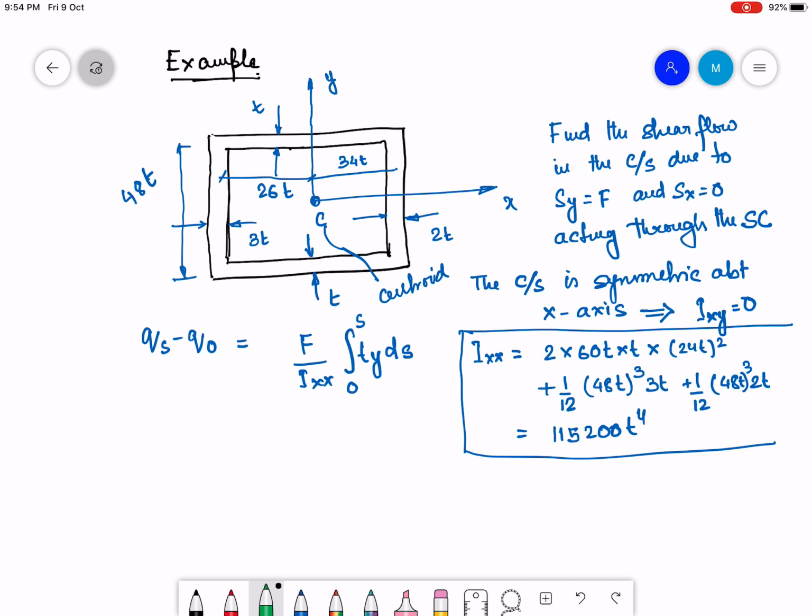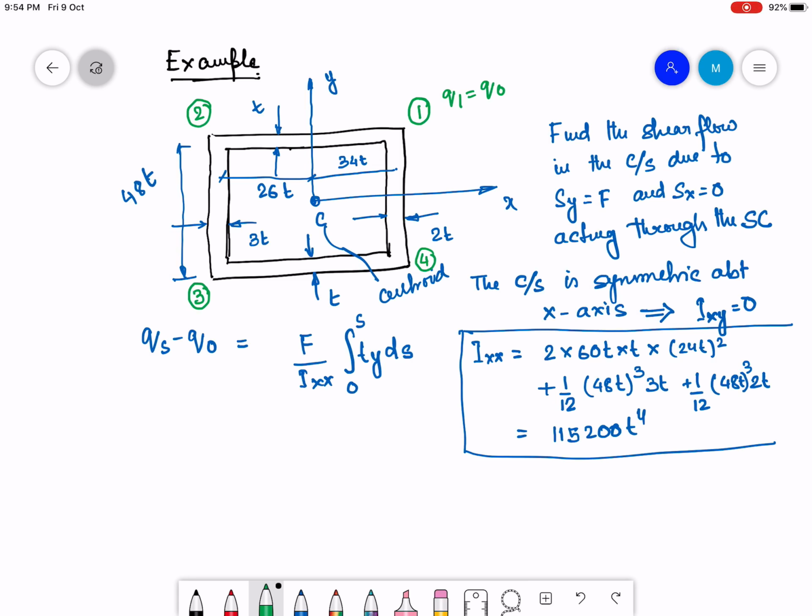Let me call this point 1, this point 2, this point 3, and this point 4. Let me assume that the shear flow at point 1, q1, is equal to q0, and let us start finding out the calculations for it.